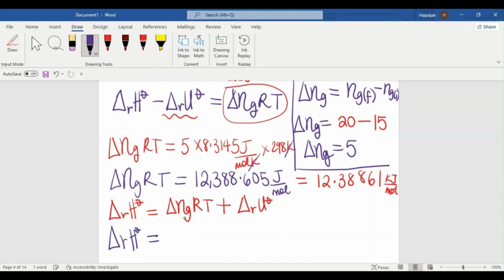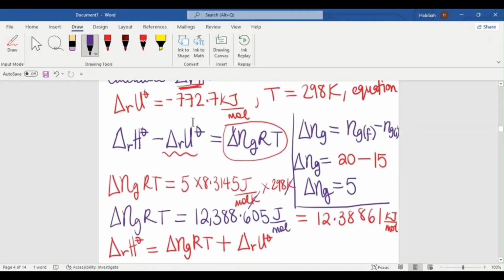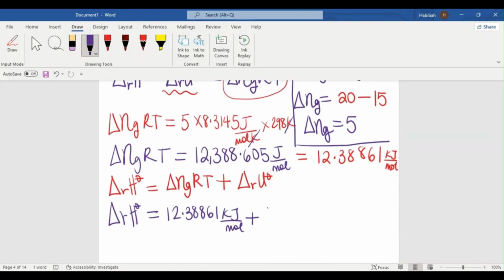So you have 12.38861 kilojoule per mole, plus the internal energy, which is negative 772.7 kilojoules per mole. So the change in enthalpy of reaction becomes negative 772.7 kilojoule per mole plus 12.38861 kilojoule per mole.